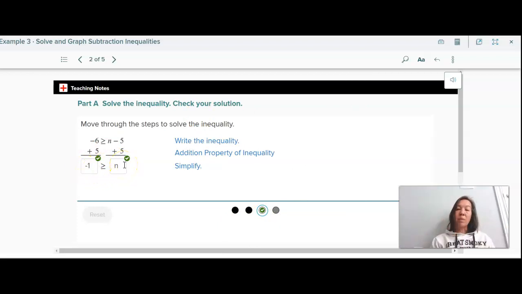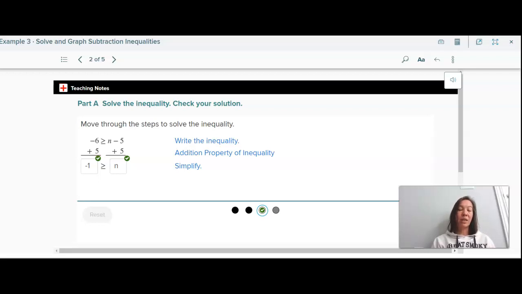Now, a couple things about this. You can leave your answer just like this, or if we wanted to have the variable on the left, which makes it a little easier when we are graphing, we could flip this around. So for solutions, this is fine, but when you're making the graph, it's easier if n is on the left-hand side.